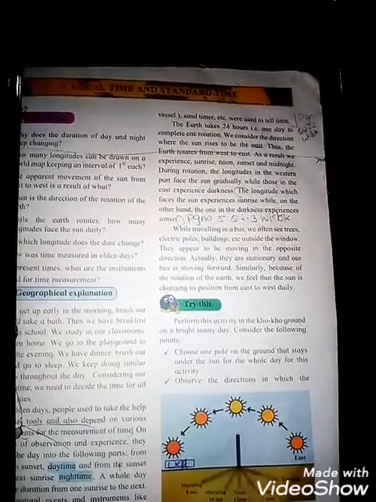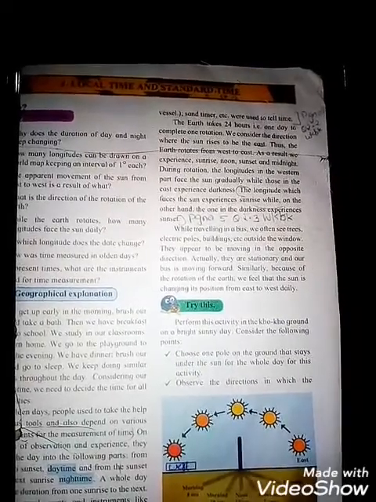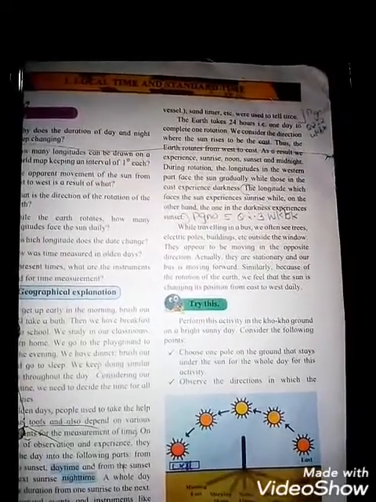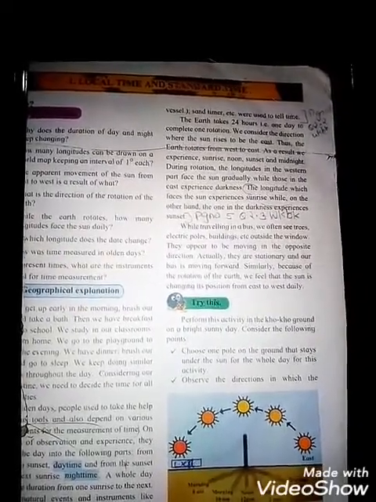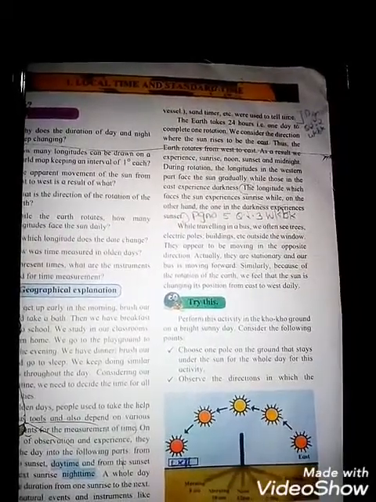No, they are stationary, they are not moving. Our bus is moving forward. Similarly, as I said, the earth is not stable. Earth rotates around itself, and because of the rotation of the earth, we feel that the sun changes its position from east to west daily.